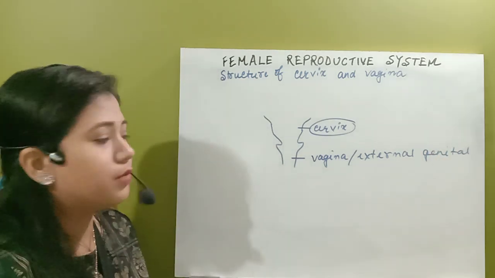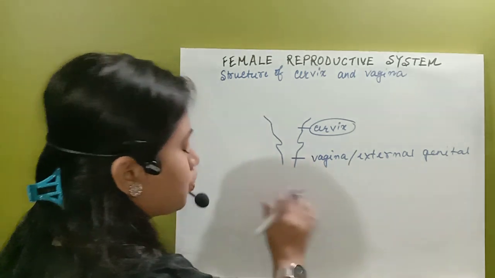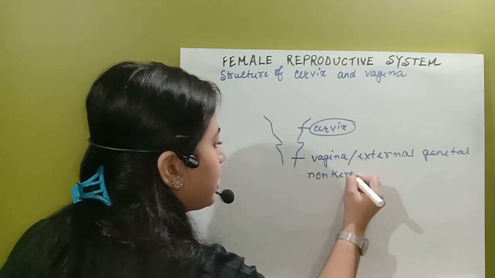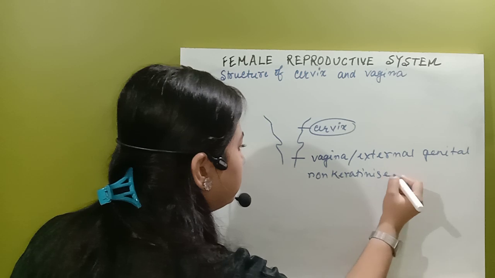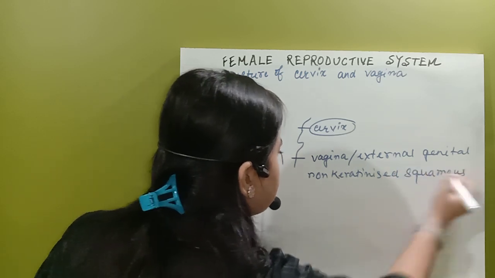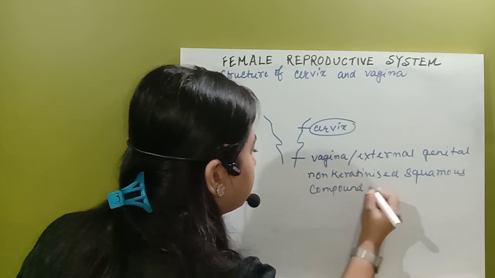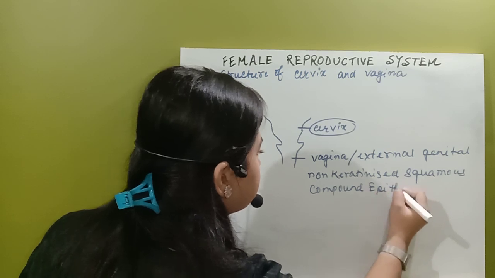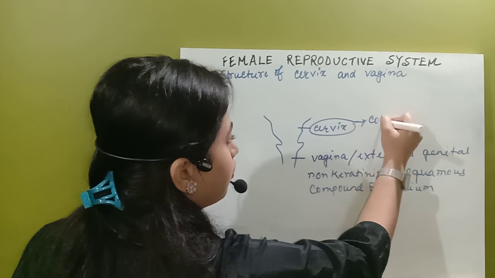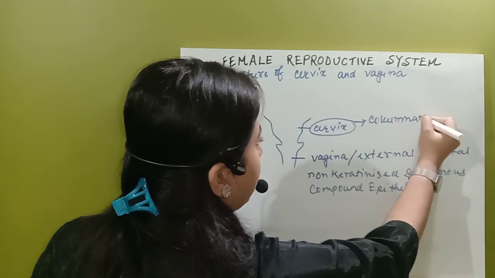First of all, this vagina or external genital is made up of non-keratinized squamous compound epithelial tissue or epithelium. And the cervix is made up of columnar epithelial tissue.